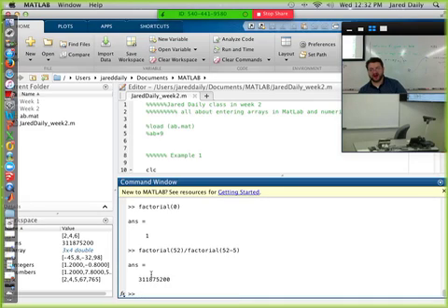So it turns out that there are 311 million ways to arrange 5 different cards from a deck of 52 cards.